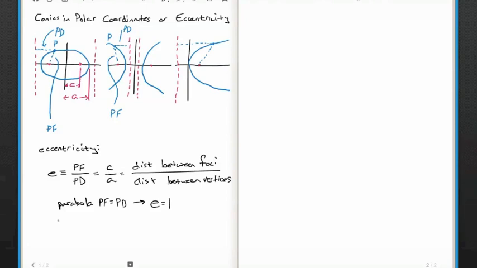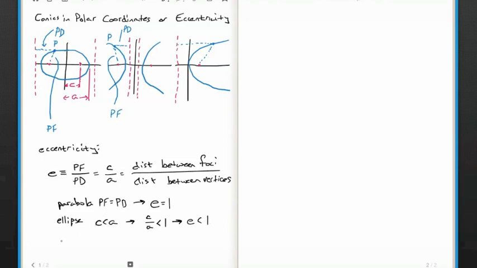Now for an ellipse, we know that the distance to the focus is shorter than the distance to the vertex. So that means c is less than a, which means that c over a is less than 1, which means that the eccentricity is less than 1 for an ellipse.